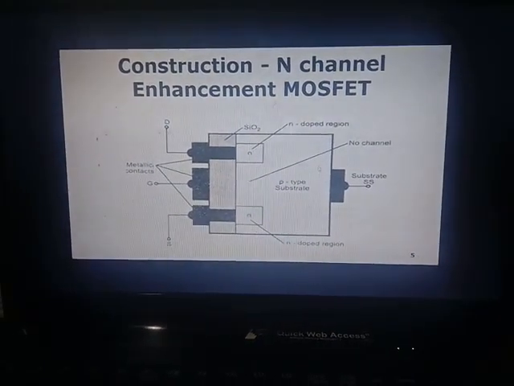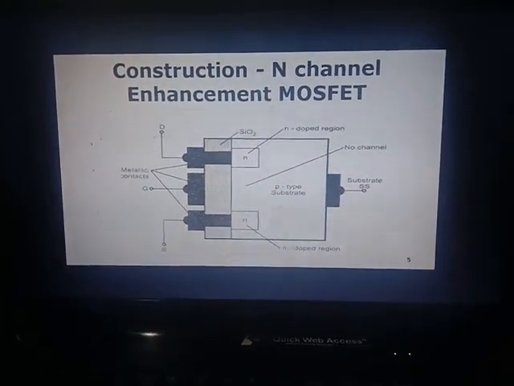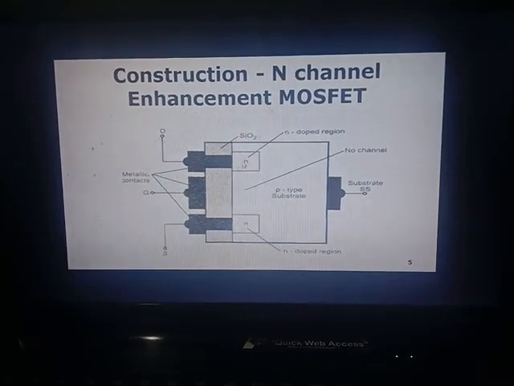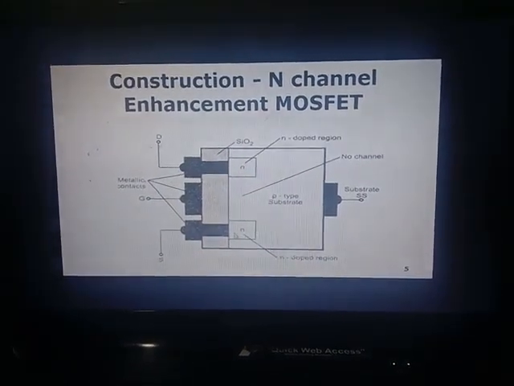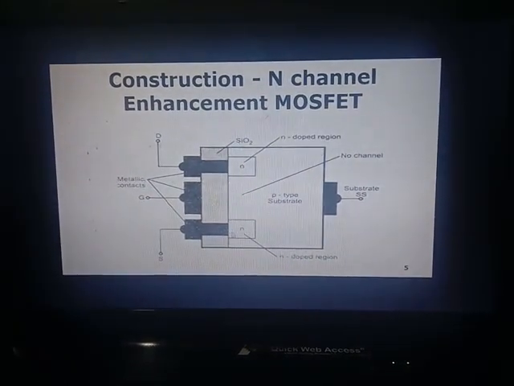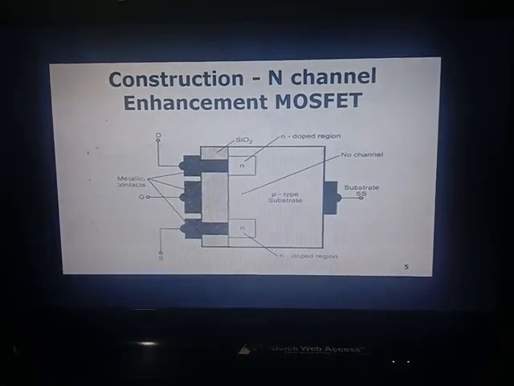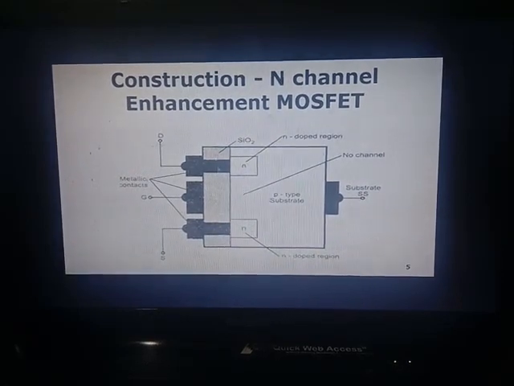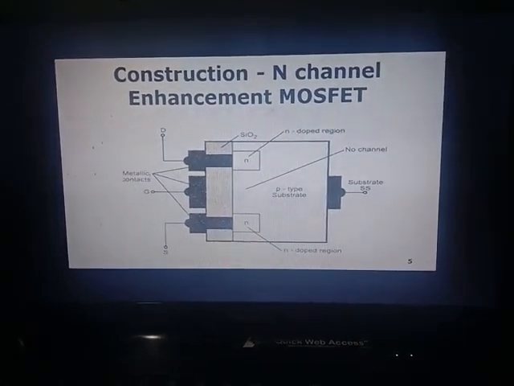Construction wise, basically we will have a p-type semiconductor bar. In this, a heavily doped n-type region is diffused, and here also we have a heavily doped n-type region diffused. This p-type material is lightly doped compared with these two n-type materials, above which we will have a silicon dioxide layer.